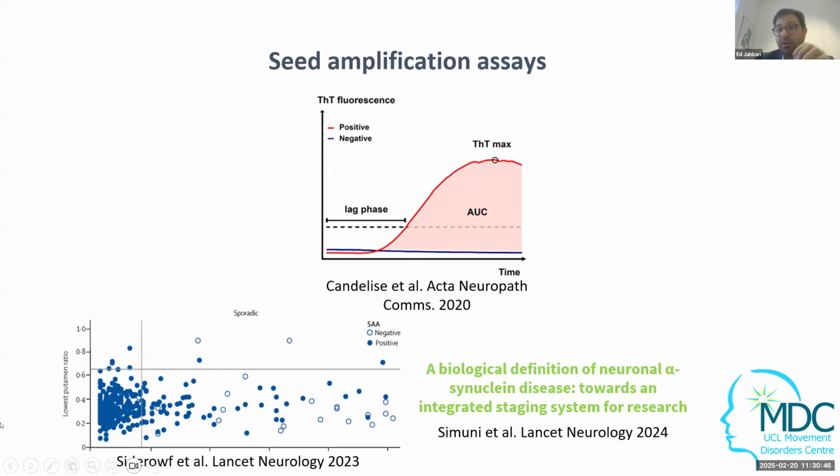And you can measure the formation of those aggregates by adding a fluorescent dye called thioflavin T to your reaction mixture that allows you to actually measure the accumulation of those aggregates. So I'll explain what I'm saying by this diagram here, this graph that you can see. The lag phase is the initial phase where you're adding the recombinant man-made normal form of the protein to your patient's sample. You're mixing them together over a defined period of time.